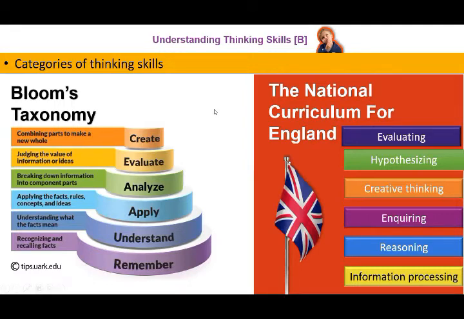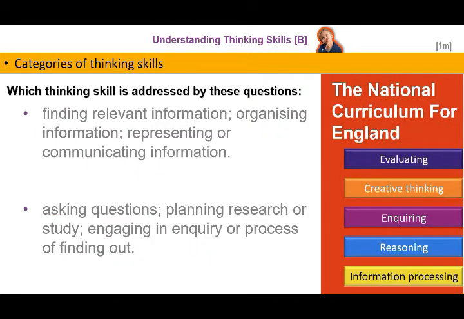I move to this activity. We want to answer this activity. It's so easy. Which thinking skills are addressed by these questions? Please, in 1 minute, you can read the definition and match it with the skill. So you have 1 minute.